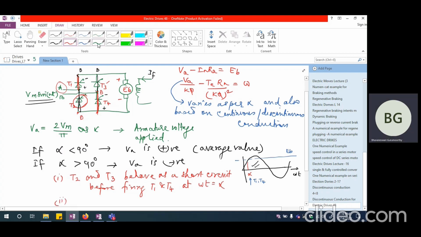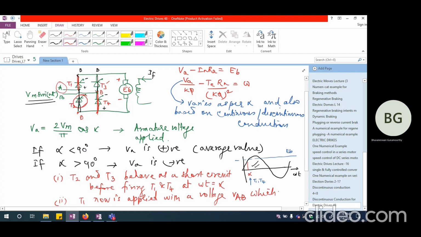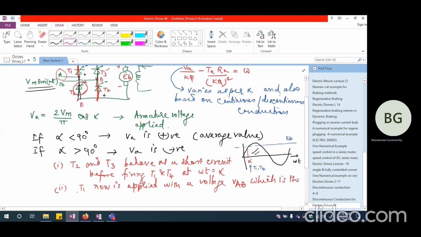So because they are short circuit, now we are going to see that T1 is applied with a voltage VAB, which is the same as the supply voltage. And because it is the positive half cycle, T1 will be forward biased.